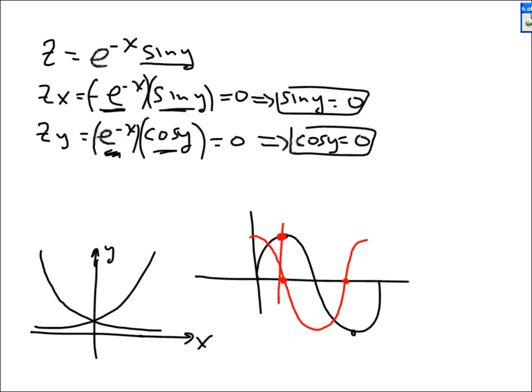When the sine is 1, the cosine is 0. When the sine is negative 1, the cosine is 0. You're not going to believe this, but when the cosine is 1, the sine was 0. When the cosine is negative 1, the sine is 0. They're never, ever, ever 0 at the same time.